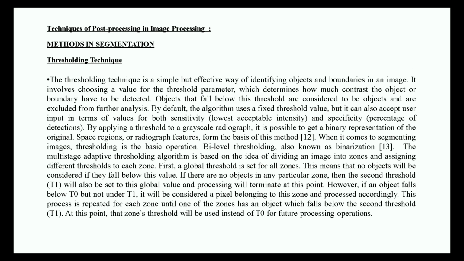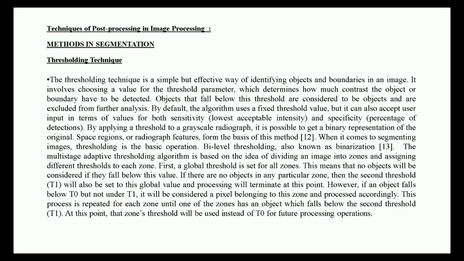It involves choosing the value for the threshold parameter, which determines how much contrast an image boundary must have to be detected. Objects that fall below the threshold are considered to be the objects and excluded from further analysis. By default, the algorithm uses a fixed threshold value, but it can also accept user-defined values for both sensitivity and specificity.